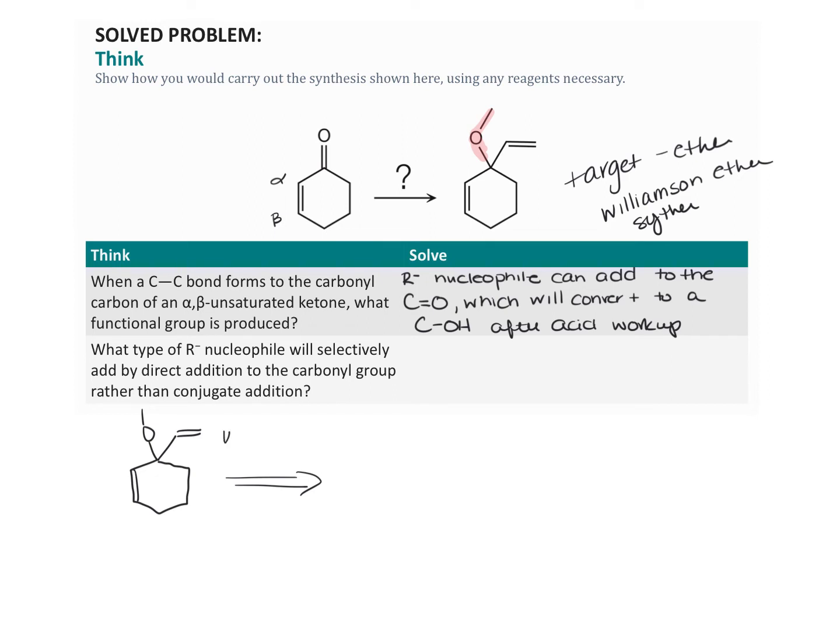So we need to undo a Williamson synthesis here, right? And so when we undo it, that's where we see that alcohol.